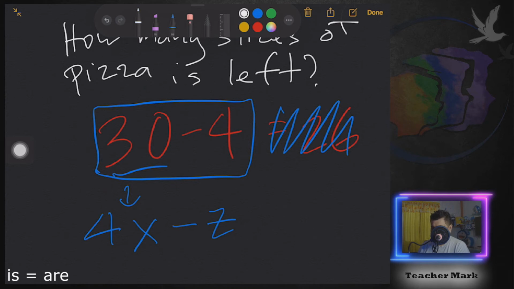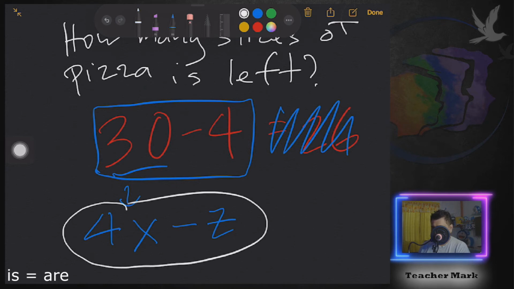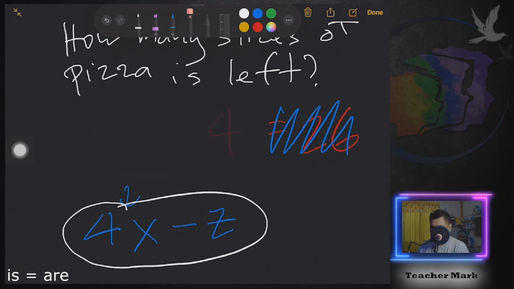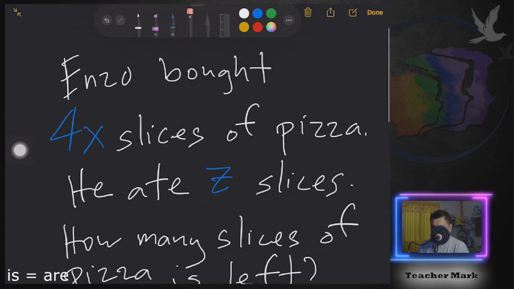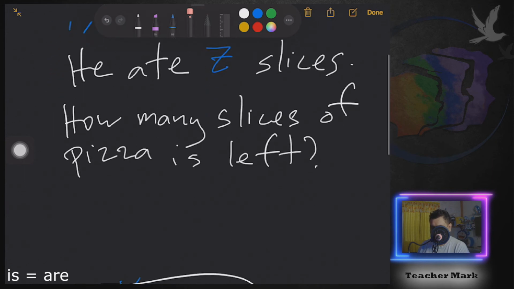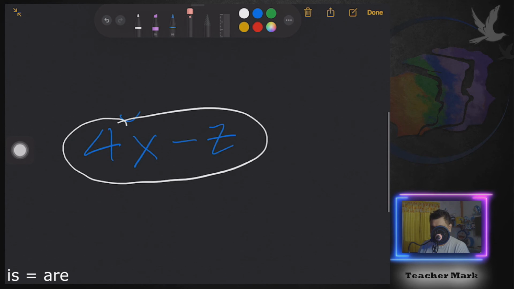This now is the algebraic expression of our solution. Okay? Not 30 minus 4. This no longer exists as this is from the situation earlier. But now, we have Enzo bought 4x slices of pizza. He ate z slices. How many slices of pizza are left? And we have 4x minus z.